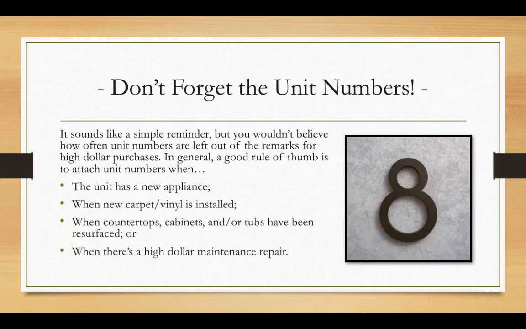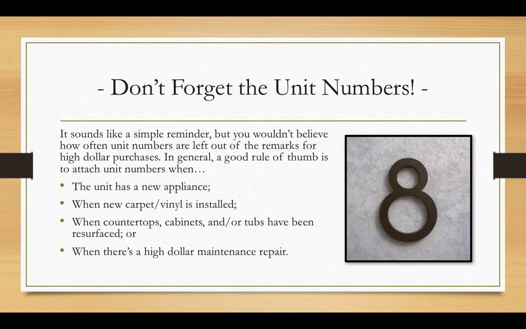So a basic rule of thumb is to apply a unit number to any new appliance purchase, any unit where carpet and vinyl was replaced or installed. Countertops and cabinetry or tubs that have been resurfaced, let's go ahead and apply a unit number to that as well. And where we had a high-dollar maintenance repair for a specific unit, right?